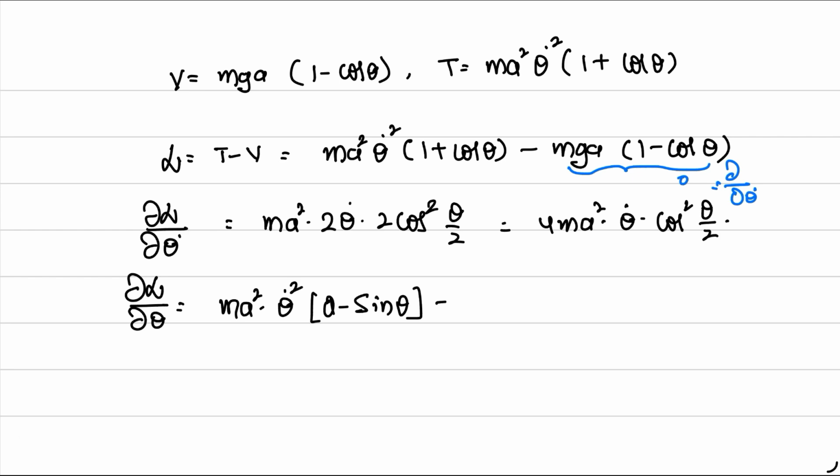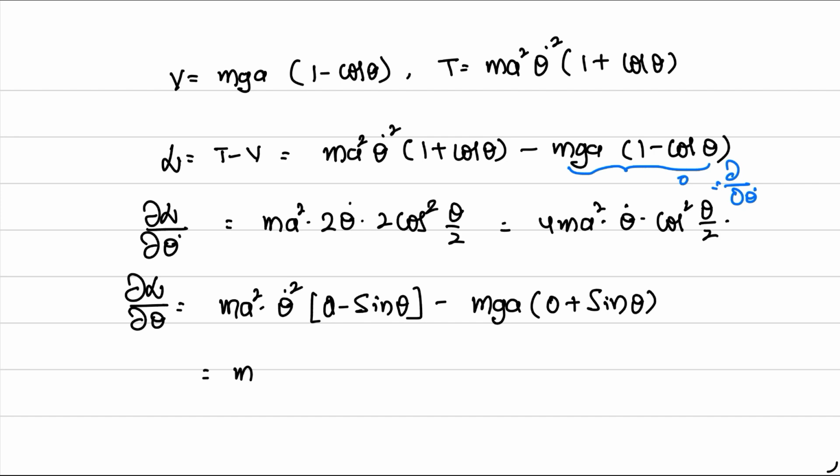Minus mGa into 1 minus cos theta, which will be 0 plus sin theta, because d by d theta of cos theta is minus sin theta.